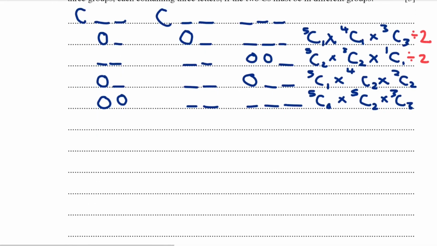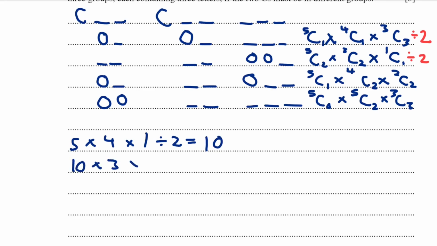So let's do that. 5C1 times 4C1 times 3C3 divided by 2 will be 5 times 4 times 1 divided by 2. 20 over 2 will be 10. Then 10 times 3 times 1 divided by 2 will be 15.